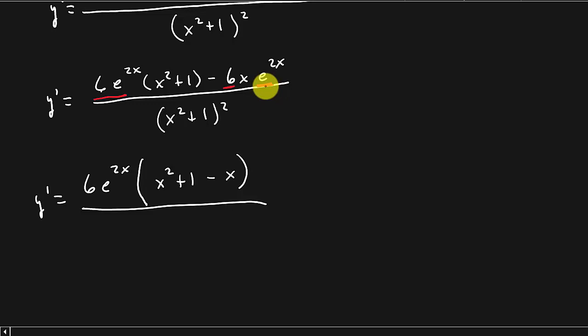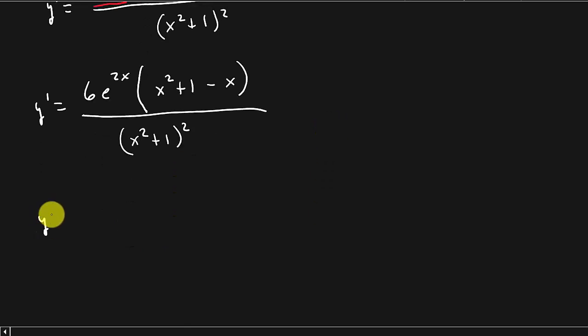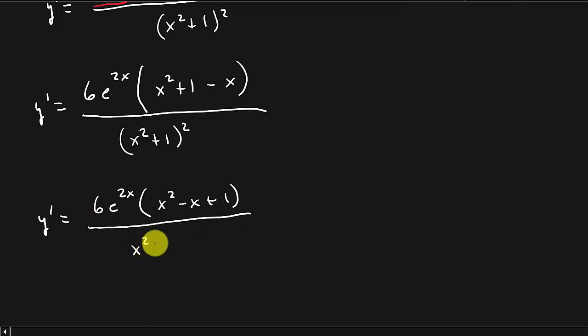So I pull that out, and if I pull that out, you can see I'm left with x squared plus 1, that's this, minus, and then here I'm left with x. Okay, and that's going to be x squared plus 1 squared. And so, you don't necessarily have to do this, but I'm going to go ahead and do it. x squared minus x plus 1. I just rewrote this in descending powers. And so that's x squared plus 1 squared.